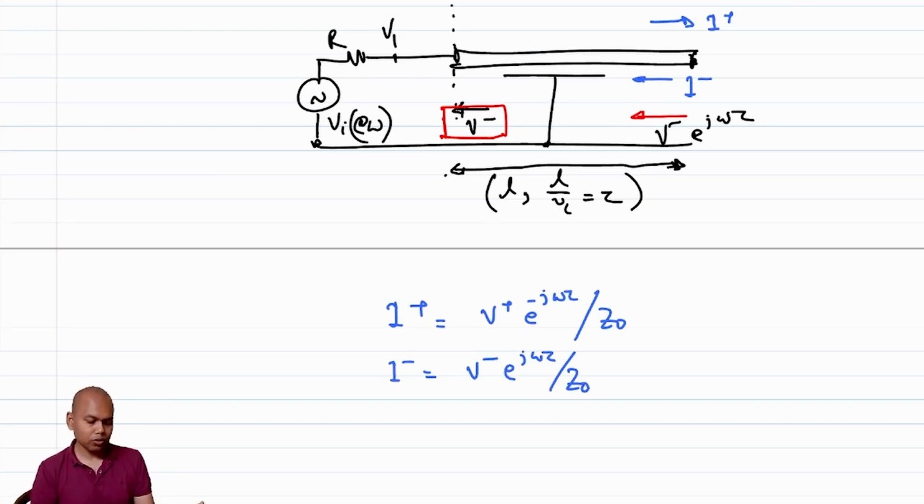Further, I also know that this is an open circuit, right? The transmission line imposes this time delay and the division by Z naught and all those constraints, but the open circuit imposes the constraint that the total current into an open circuit is 0. So what is the total current? Total current is I plus minus I minus, right?